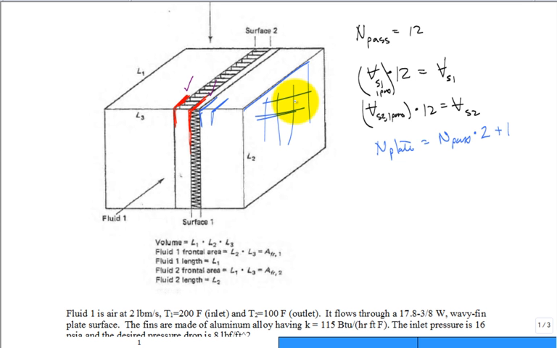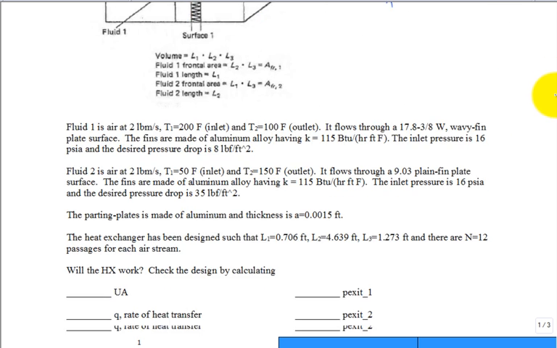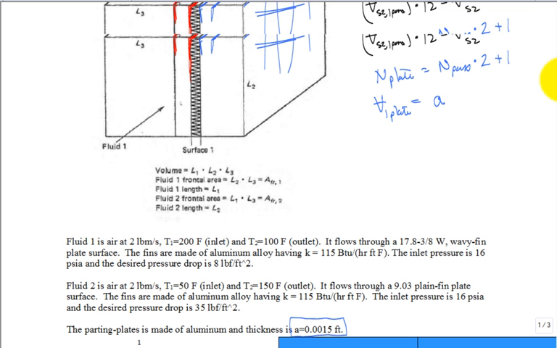Make sense? So the volume of one plate is simply the thickness of one plate. I think they used the letter A. Let me scroll down. Did I use the letter A in this problem statement? The thickness of the parting plates, one parting plate has a thickness of 0.0015 foot. Okay, so we did use the letter A for that.